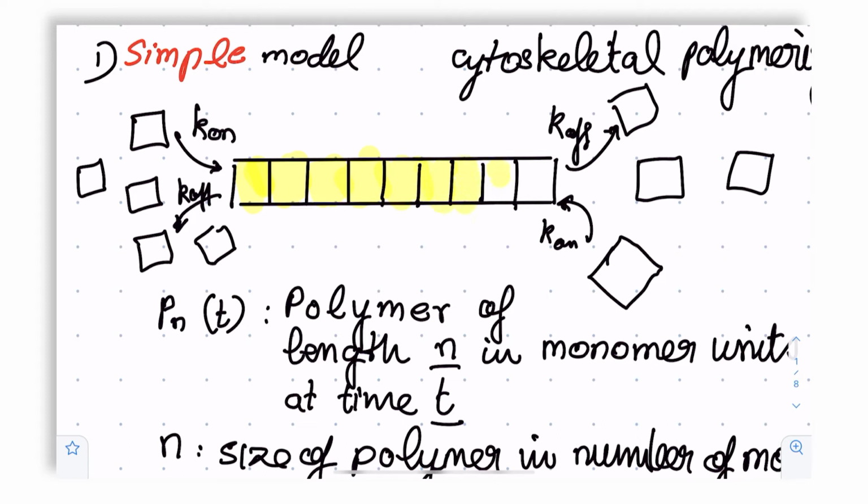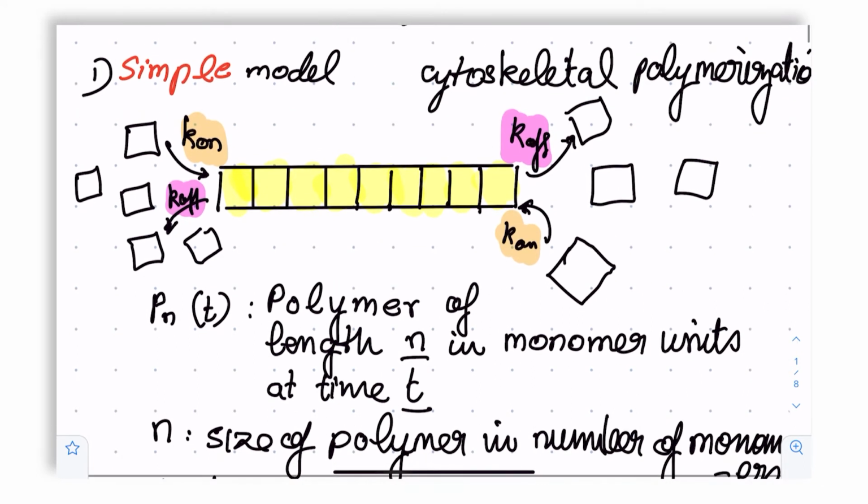They only seem to grow from the ends. The end growth is itself dependent on two rate constants, K on and K off. These K on and K off rates are identical at both ends. In other words, there is no difference between the ends. You can say there's no kinetic polarity.